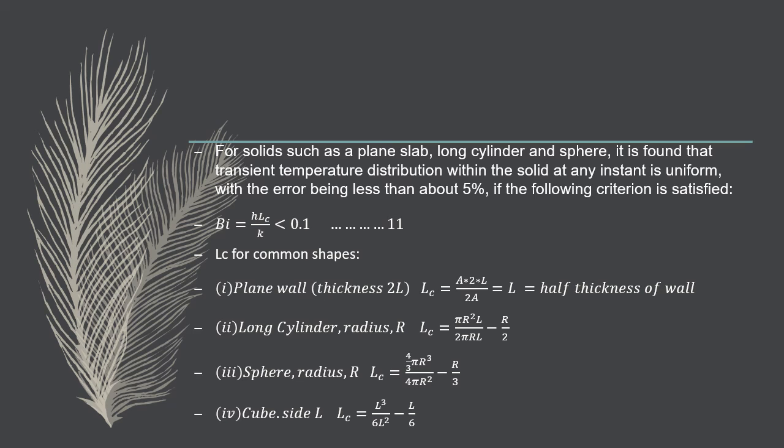For a cube of side L, Lc is L³ by 6L², which equals L by 6.